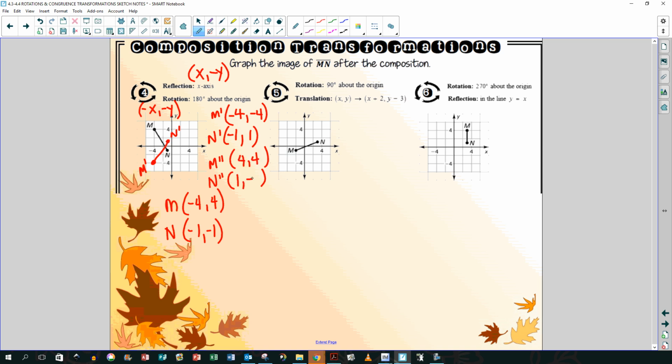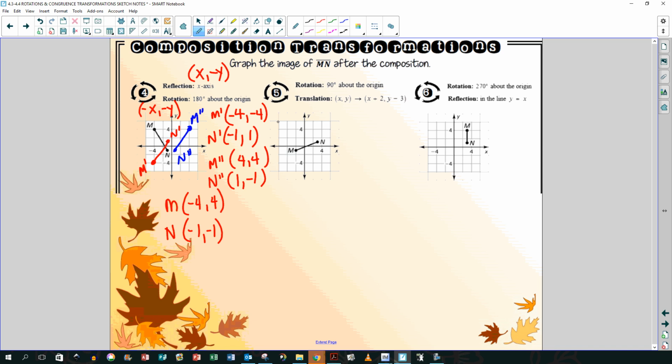That's going to become +1, -1. So first I reflected over the x-axis, and then I turned 180 degrees. So 4, 4, so there's my M double prime, and 1, -1, there's my N double prime. So there is my new line.